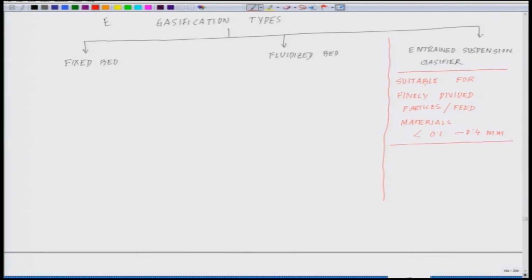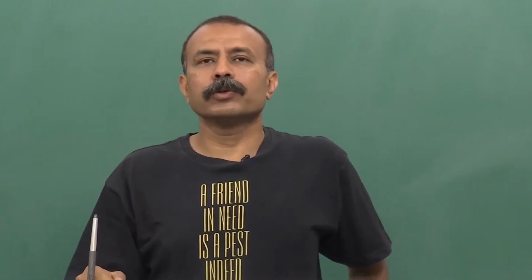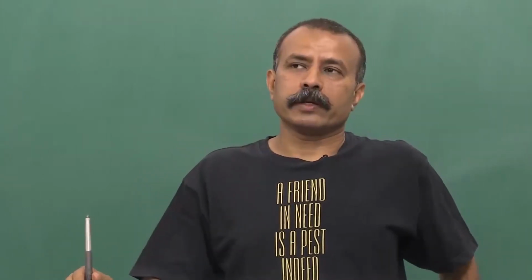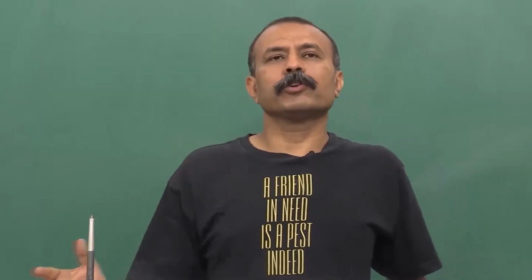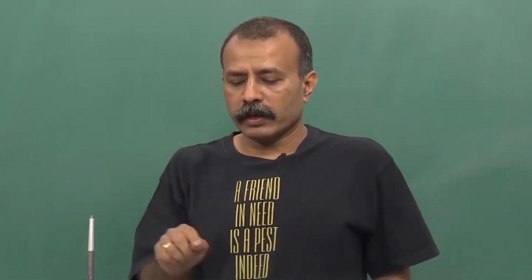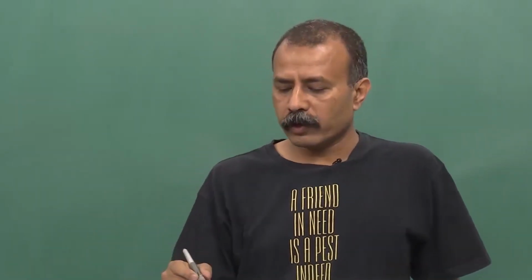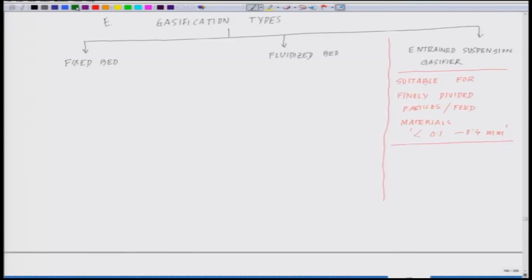And this kind of particle size is very tough to achieve when we are talking about fibrous materials. Fibrous materials are typically between 20 to 80 millimeter, and here if you see the number, it is around 0.1 to 0.4 millimeter.